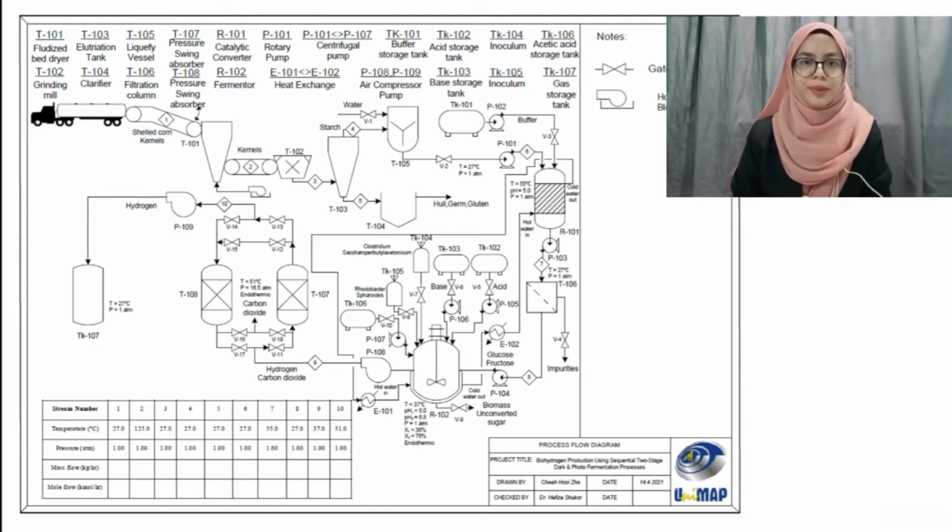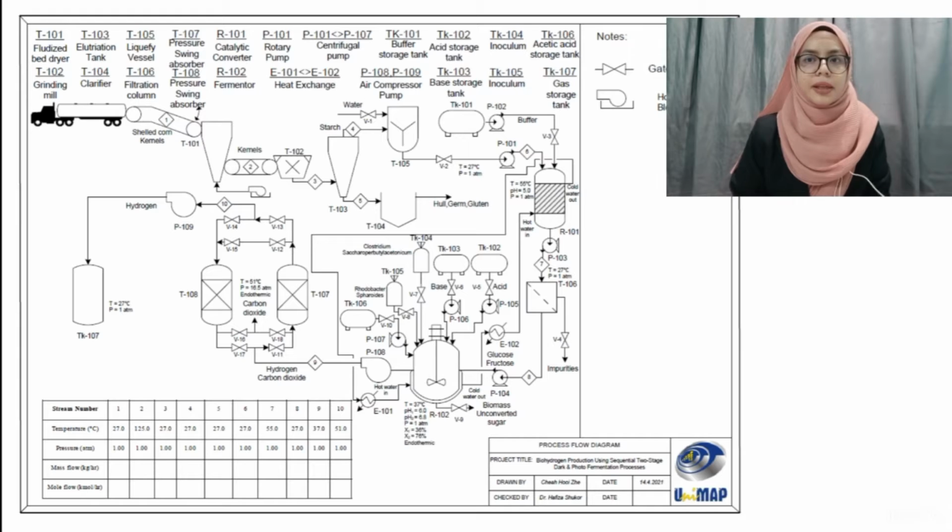During photofermentation, the acetic acid is converted into hydrogen gas and carbon dioxide. The bacteria responsible during photofermentation is Rhodobacter spiroides.